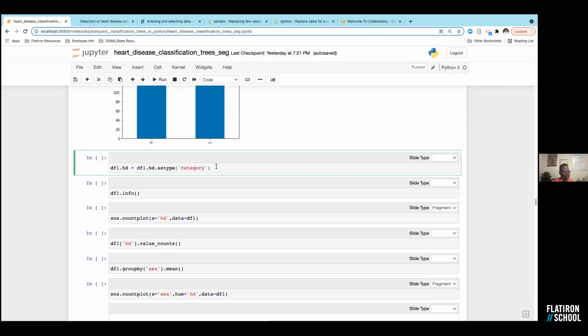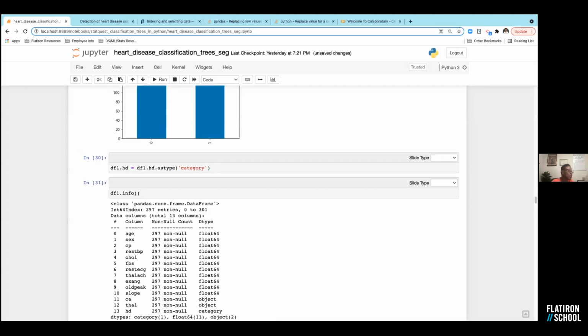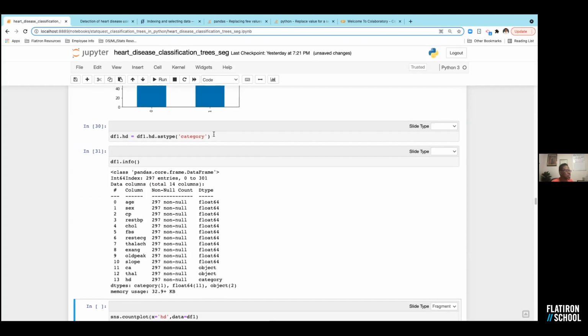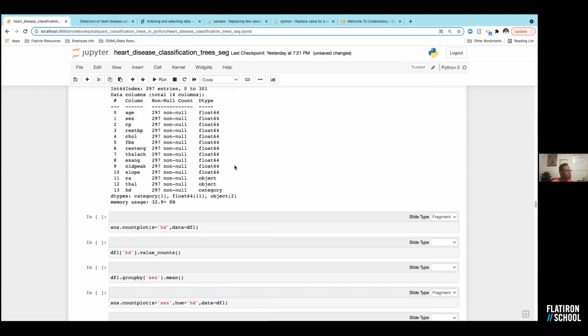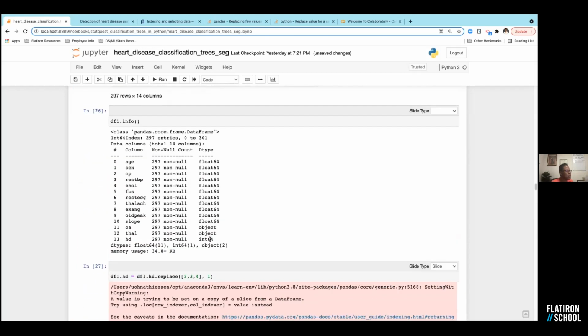Sometimes there are additional steps you have to make, but because I think this data set is, for the most part, already clean, we can go ahead and make that change. So here we changed our column from int. If you remember up here, it says int.